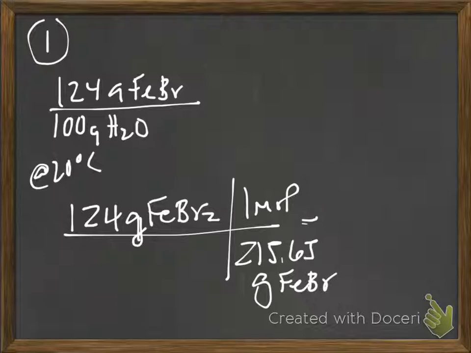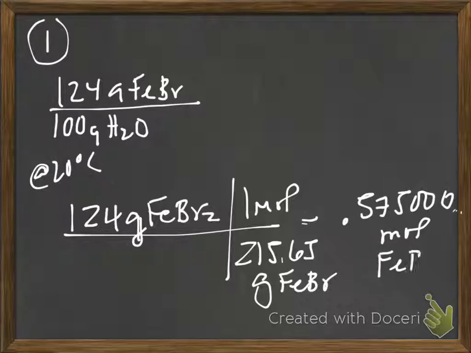So we have 0.5700, etc. moles of iron 2 bromide. And that's in how much solution? And again, we've got that same flaw where we're claiming that the whole volume of the solution is the volume of the water. We know it would actually be a little bit bigger volume, but we're going to go ahead and go with it.